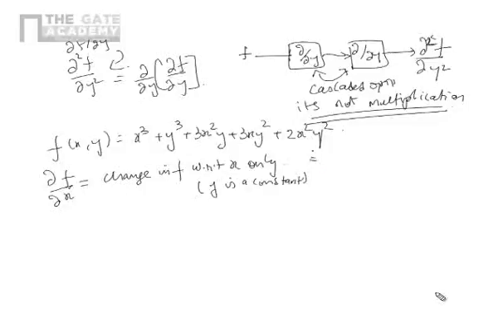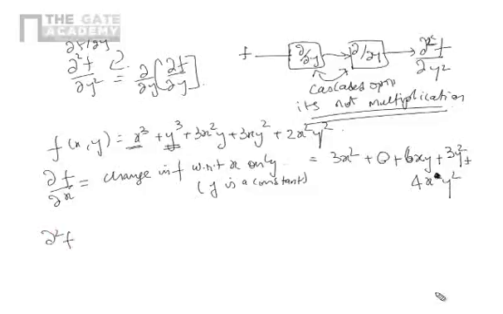When I differentiate, this is a term containing x, so I will get 3x². y³ is a pure y term, so y is a constant, like a 0. 3x²y will give me 6xy, plus 3y², plus 4xy². This is what I will get. This is what is ∂f/∂x.